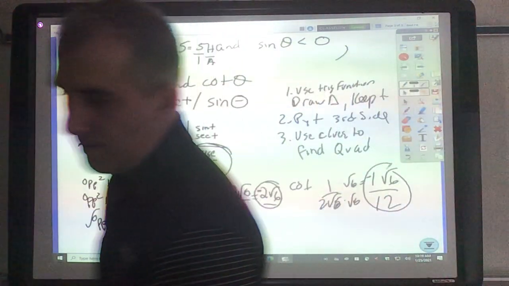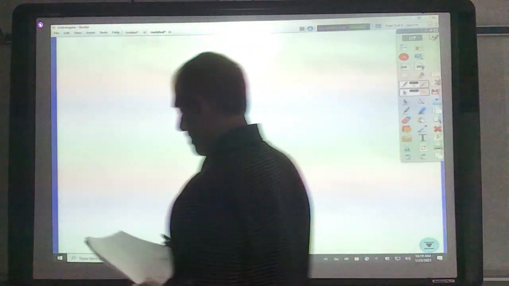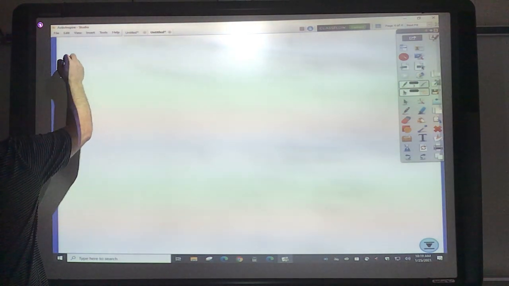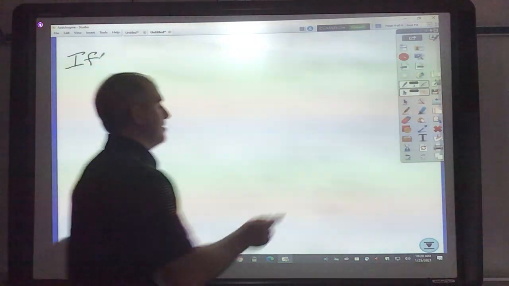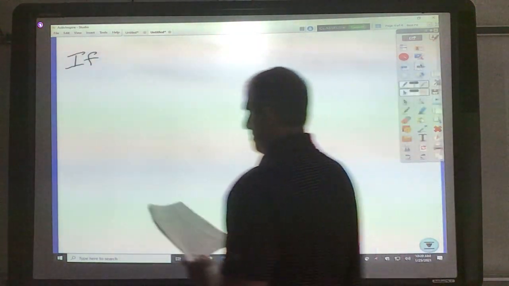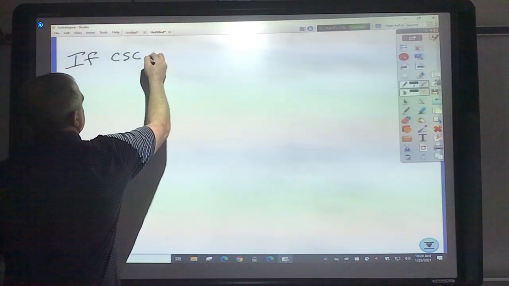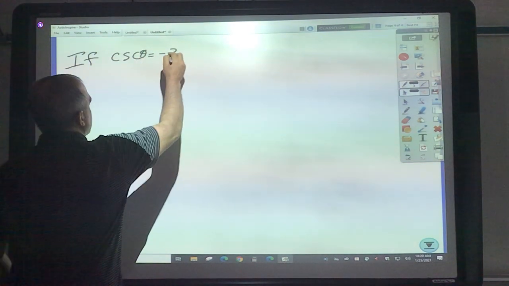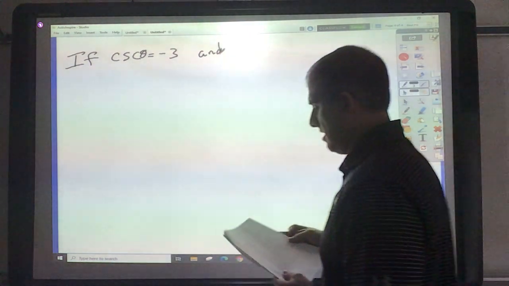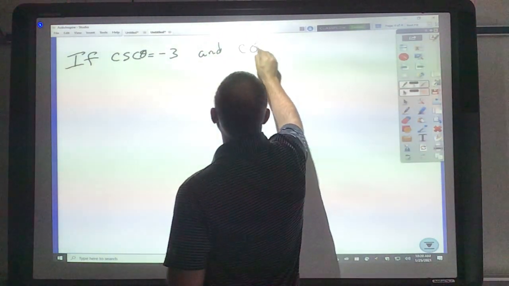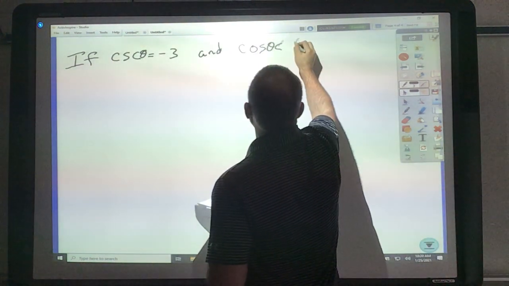Let me give you guys one to try like that. Let's say, if I don't want to use the same trig function, if cosecant of theta equals -3 and cosine of theta is less than 0.